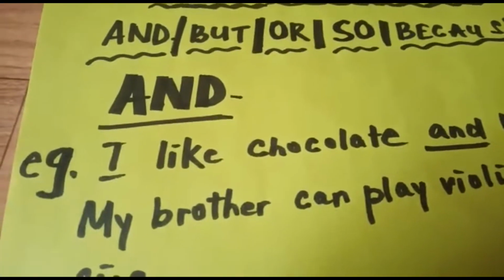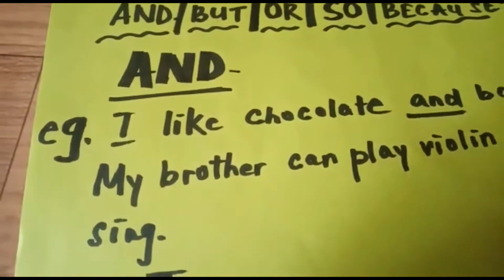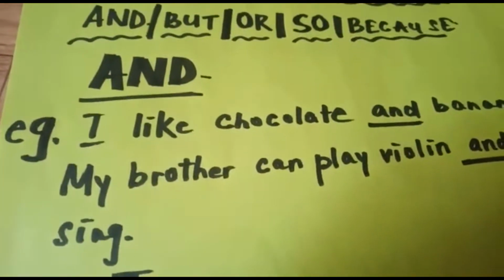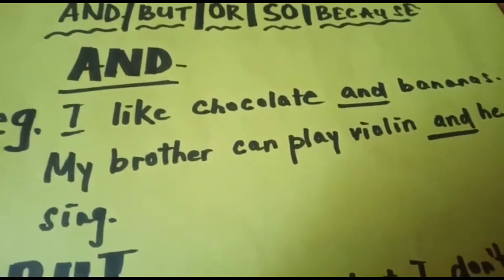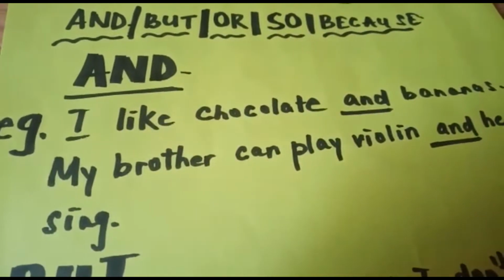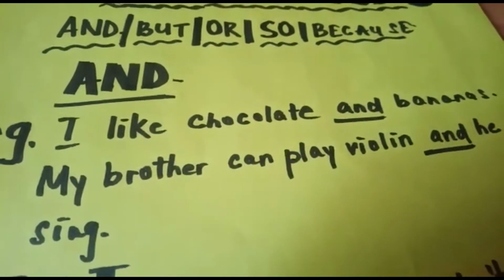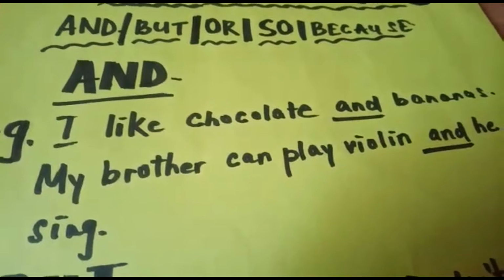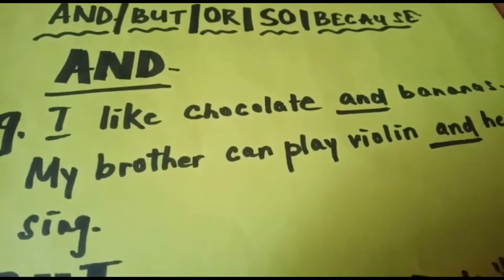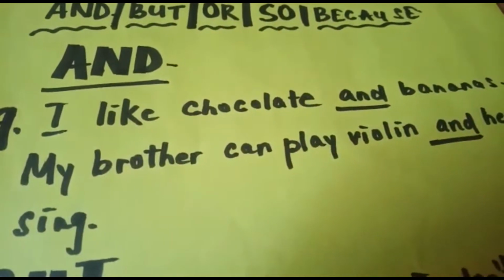Okay, so why do we use and? We use and to connect words and sentences. This you will understand with the help of the examples given here. See the first sentence, I like chocolate and bananas. So over here the word and is a conjunction and it has been used to connect two words.